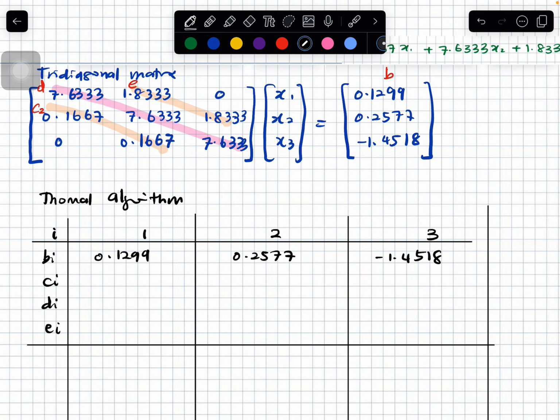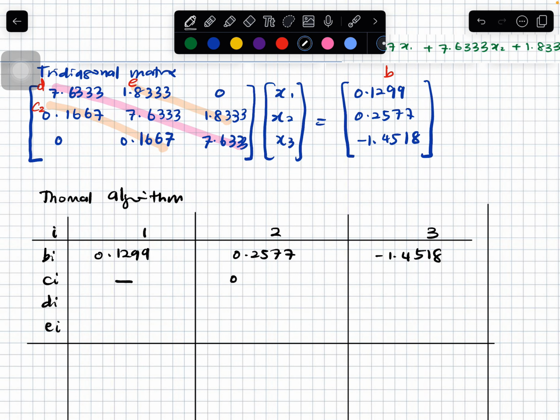Then the second line is C. C is starting from C2. Okay, so no value for C1. And then we start from C2. Okay, next is the D value, on the diagonal part.